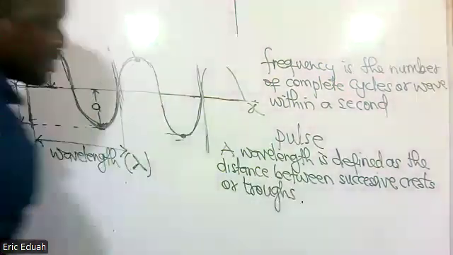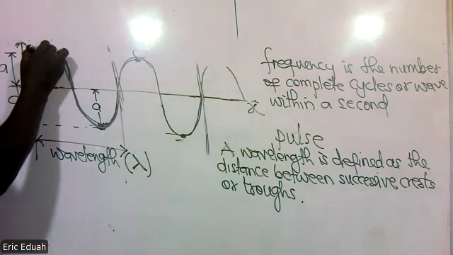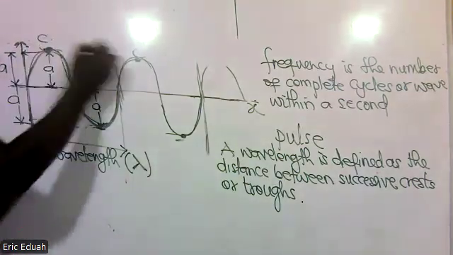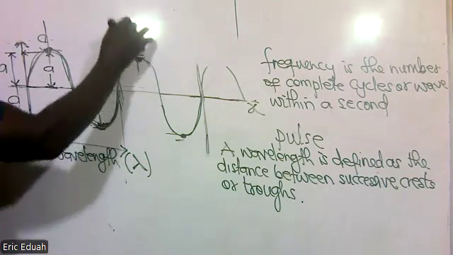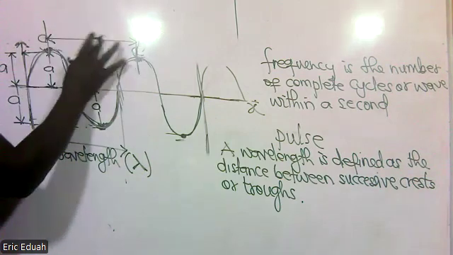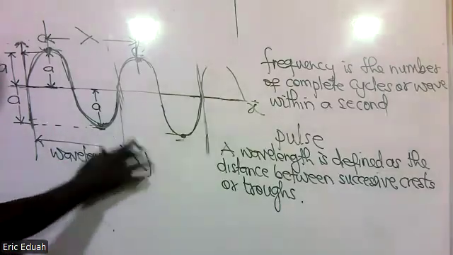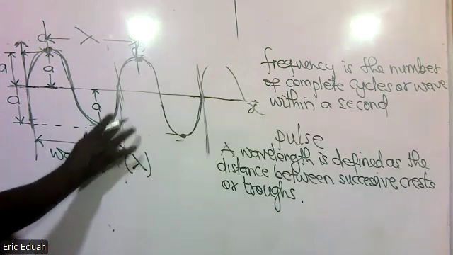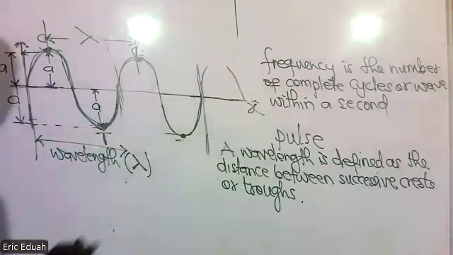So this is the definition of a wavelength. If I determine the distance between successive crests, this and this are successive crests, then the distance between them gives us a full wave, or lambda. Or successive troughs. This is a trough, a point of maximum particle vibration, but below.